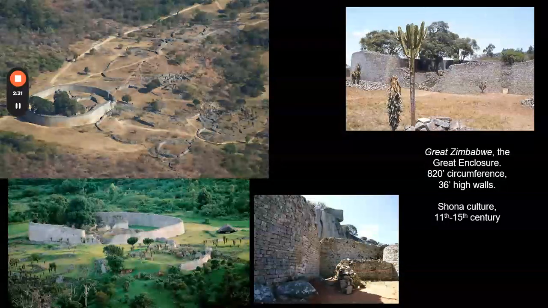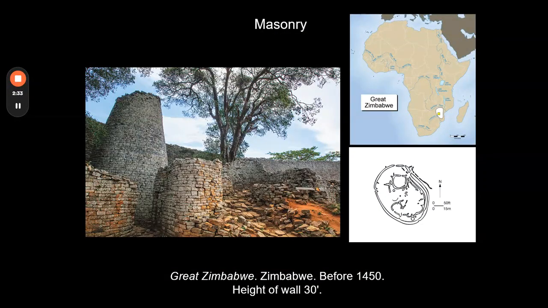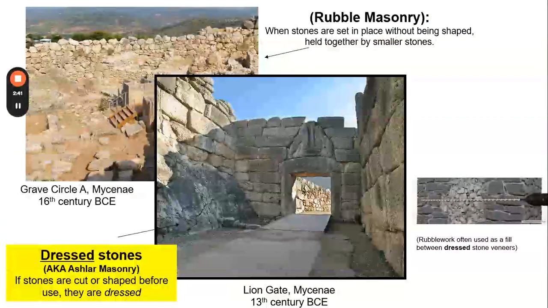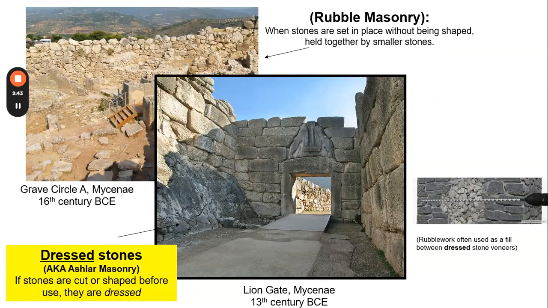Right, so on the test, what type of architectural technique is used here? Answer, masonry. But we can break this down into specifics. Depending on whether or not the masonry that you use, the stones that you use, are just found stones held together, which is an example of rubble masonry, or a term that is on the test, dressed stones, also known as ashlar masonry.